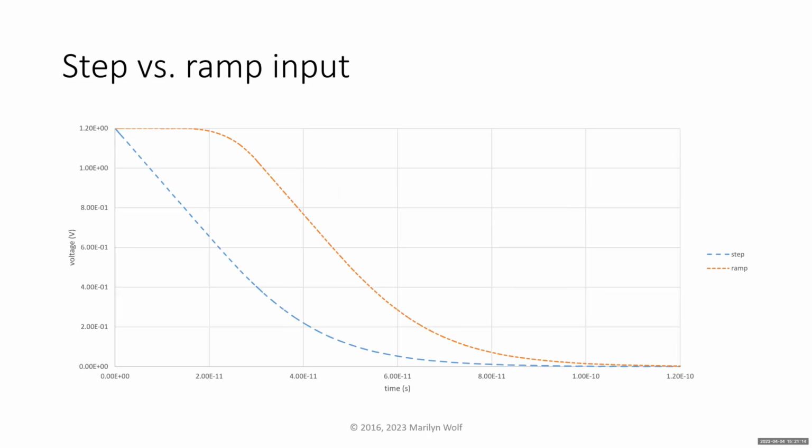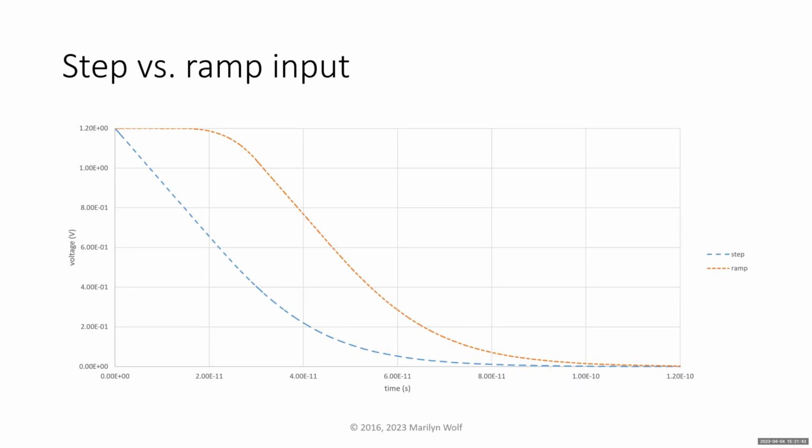The ramp input goes down much more slowly. So we see that it takes more time to even get started. And then for any given voltage that we want to pick, the response to the ramp input is considerably later than the response to the step input.